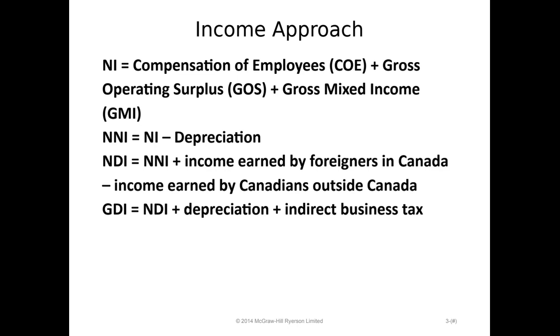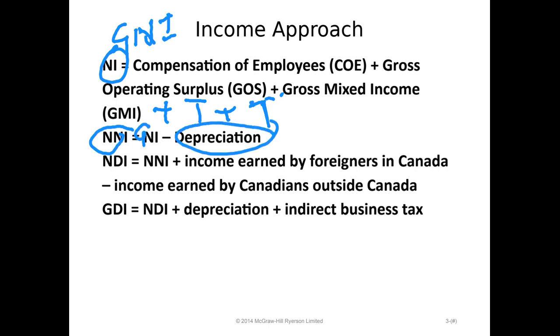I think I should have written GNI, gross national income, rather than national income, and then add those two taxes, taxes on production and indirect taxes. And if you get NNI, you have to subtract depreciation from GNI. So this is GNI. Then NDI, same thing. And then GDI is NDI plus depreciation plus indirect taxes, right?